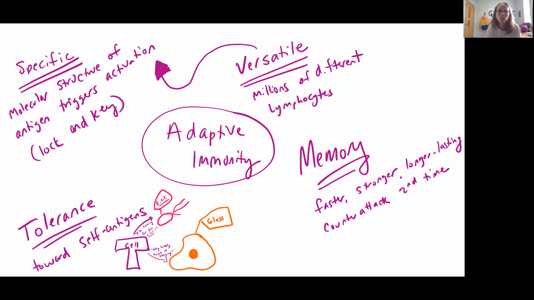And then our final and our fourth characteristic here is tolerance. So not only are those lymphocytes specific, and not only do we have millions of them so we can see all of our different possible antigens, and not only do we have the ability to remember those that we've seen before, but we also can recognize what antigens are foreign and what antigens are belonging to ourselves. So we have tolerance.